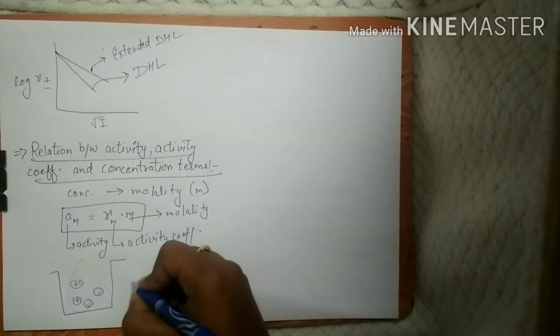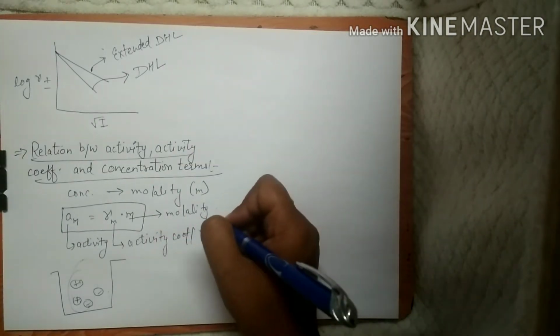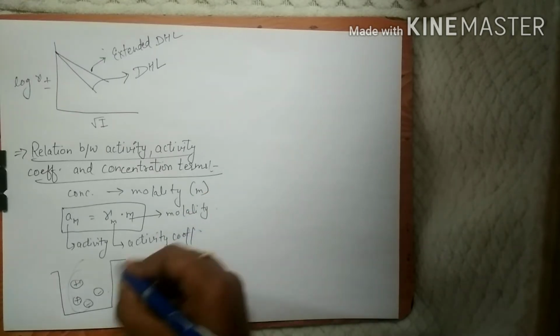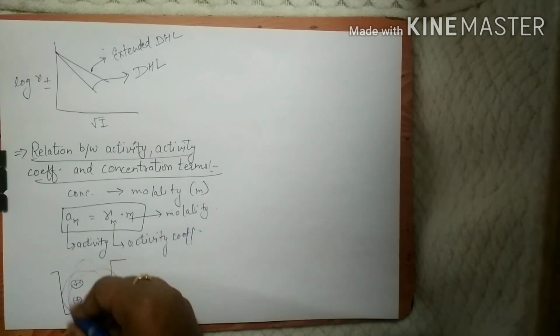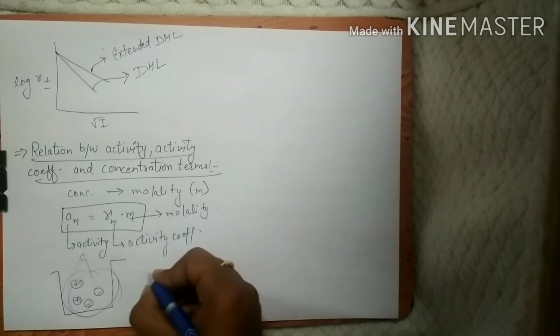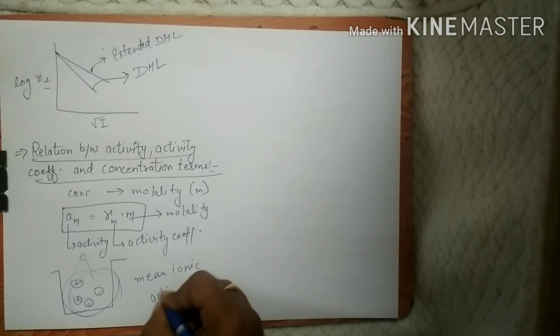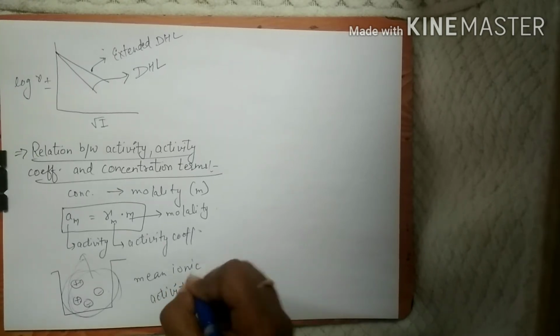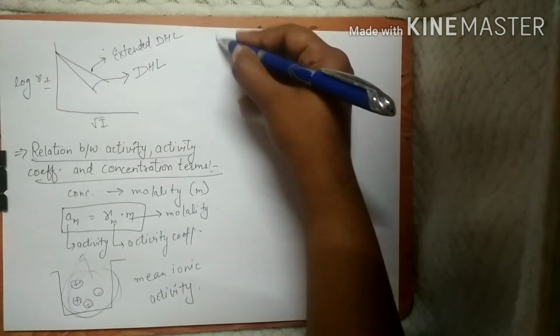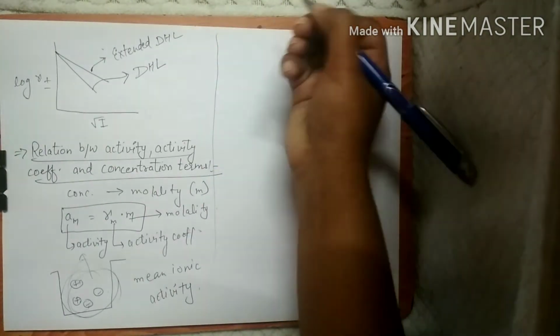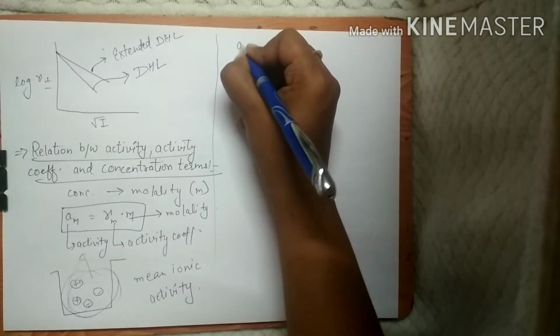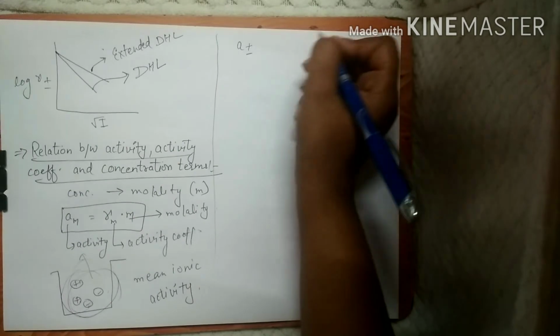So what we do, we take the mean ionic activity. In this case, for us to represent activity, we have to take the mean ionic activity. Now what is this mean ionic activity? Suppose I am representing mean ionic activity by A plus minus.